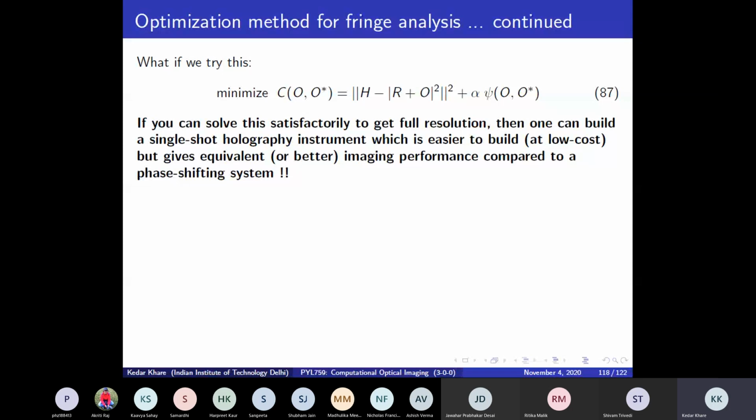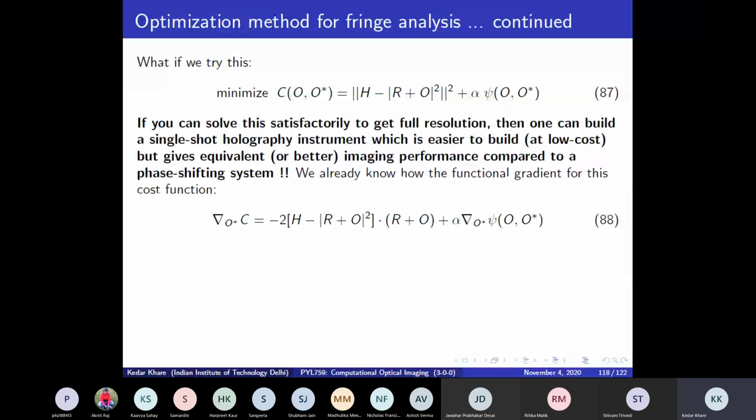And if I can recover more information, for example, out of data that was considered to be incomplete, now suddenly an instrument becomes possible. This is something very interesting, and this point will come up again and again, and it will also show you the power of this computational imaging as a whole concept.